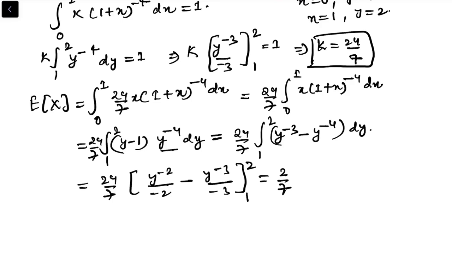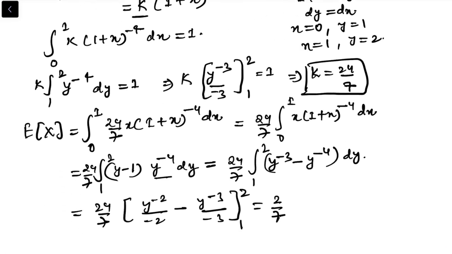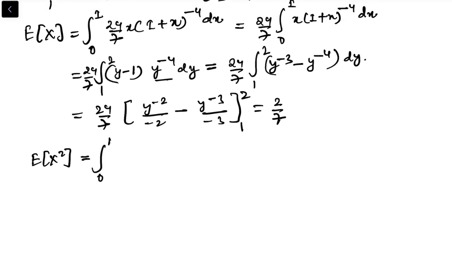All right, now for the second part, you need to calculate the expectation of x square. Again, the calculation is very much similar. So this is 0 to 1. Let me write it directly. You can bring this constant outside, 0 to 1, and this is x square times (1 + x) to the power minus 4 dx.